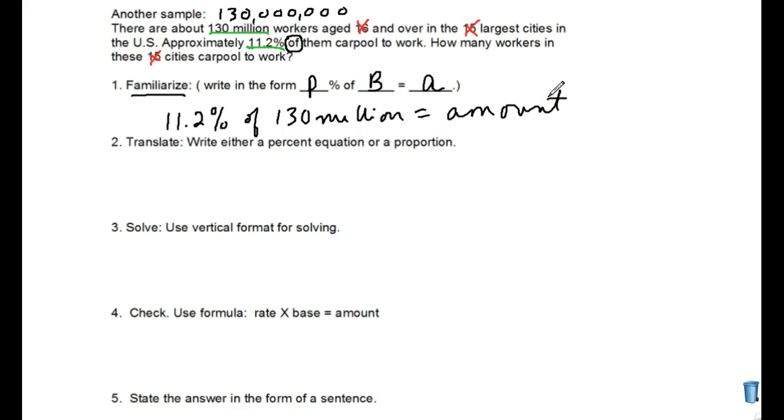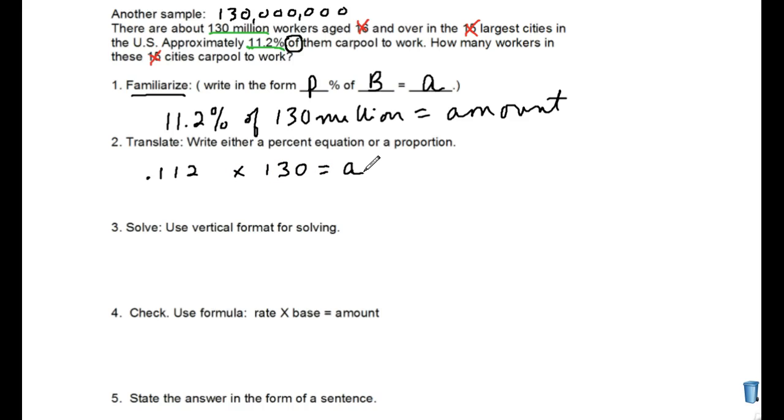Now I can take that and I can either translate it into a percent equation or a proportion. My percent equation would look like this. 0.112 times 130 equals my amount.